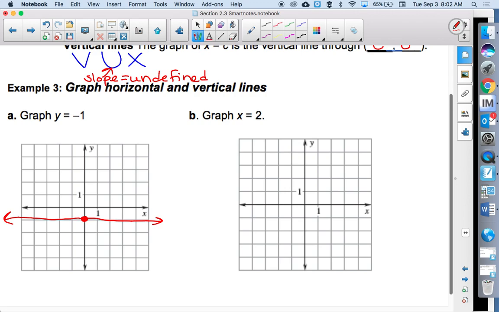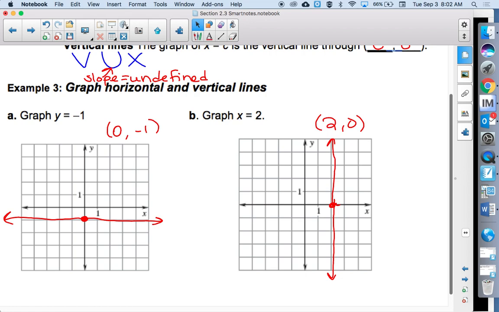X equals means it's a vertical line going through the value of 2. So I would have a 2 on the x-axis. So this point would be at 2, 0. The point over here would be at 0, -1. And then it should be a vertical line.